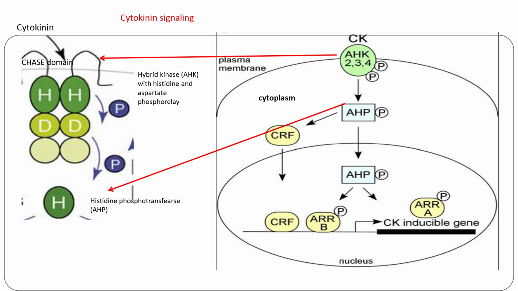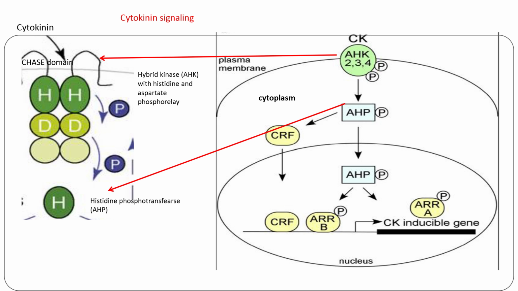On the other hand, type A ARRs, when phosphorylated by AHP, act as negative regulators of cytokinin responses, probably because they reduce phosphotransfer from AHP to type B ARRs. Type B ARRs also lead to transcription of type A ARR genes, which serve in attenuating expression of cytokinin response genes.